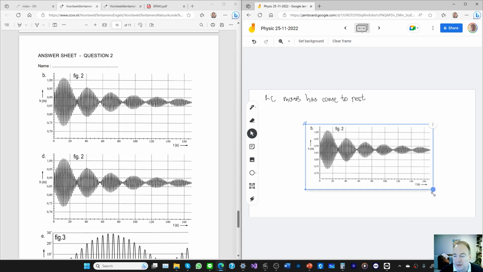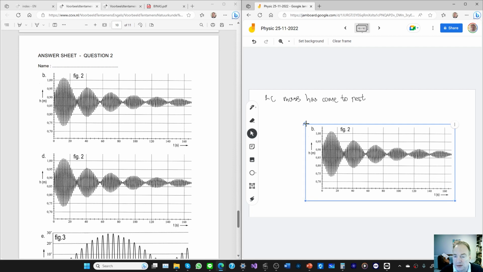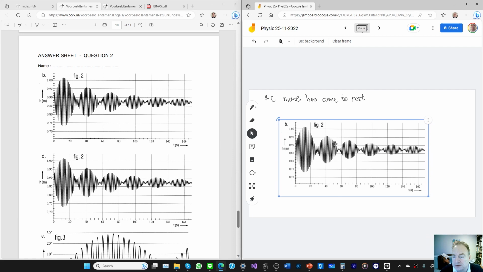Well, where is that happening? The height of the floor is given here, so we just put a horizontal line here.